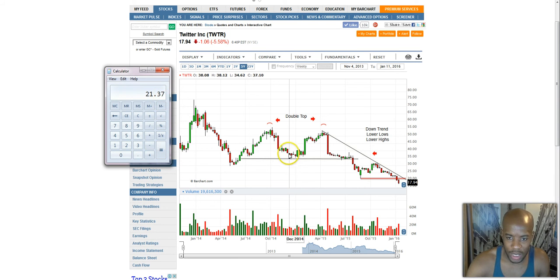What you would do with this number to get a rough estimate of where the market might go is subtract this number from the lowest low's close. So this close on this day was $37.10. For simplicity reasons, we're just going to go minus $37.10, and of course take the negative off. $15.73. That's possibly where this stock could be going before it starts settling out.